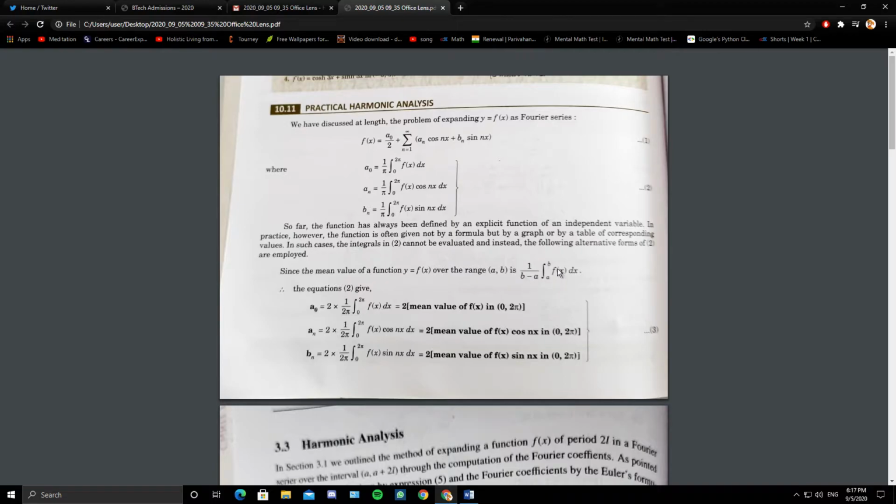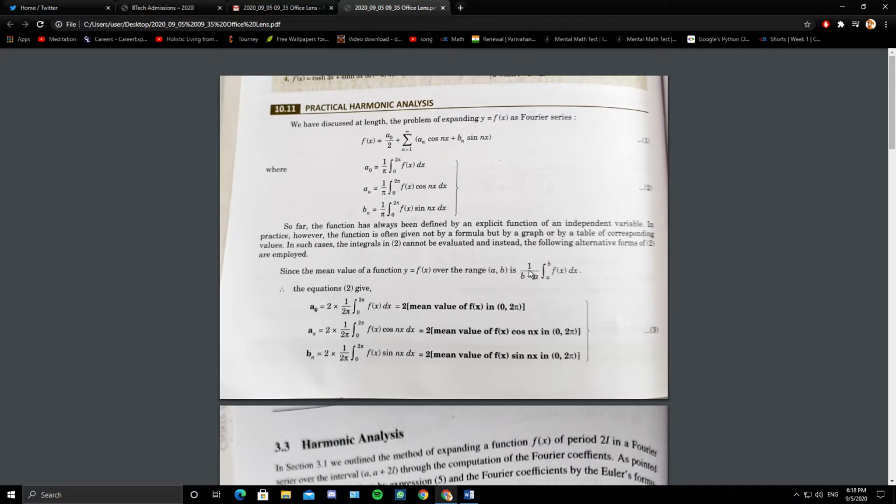So that is how it is done here. Integral a to b f of x dx divided by b minus a is the same as the mean value of the function f of x. So instead of the integration, you will be finding the average of f of x, the mean value of f of x for a naught, the mean value of f of x cos of nx for a n, and the mean value of f of x sine of nx for b n.